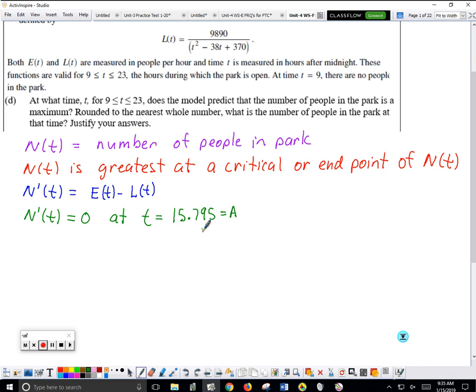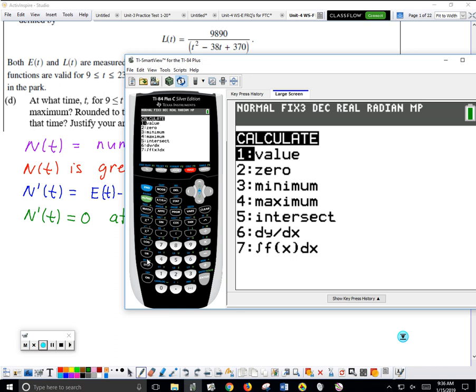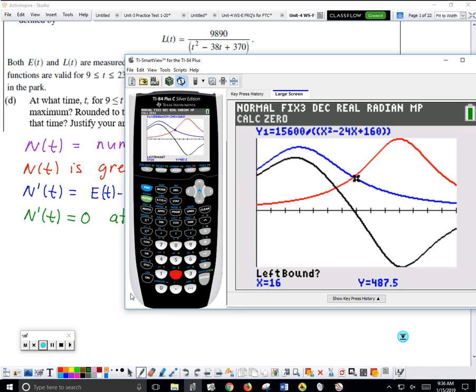Wait, how do you store? Store. So on my calculator, I find the 0. Let's see, second trace, 0. I need to find the 0 on that black. There we go. Left bound, right bound.